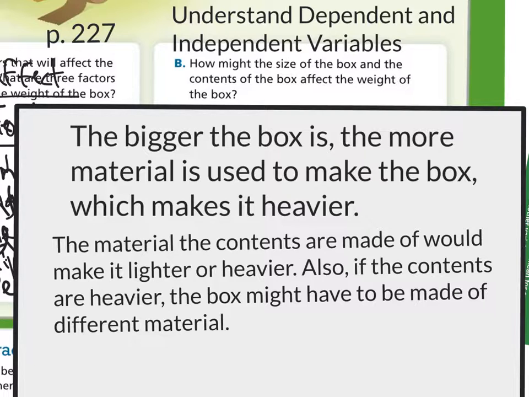And if the contents are heavier, the box might have to be made out of different material. If it's heavier stuff, we might need a heavier duty box to make sure it doesn't fall apart or break through, and that the tape isn't the only thing holding it together.